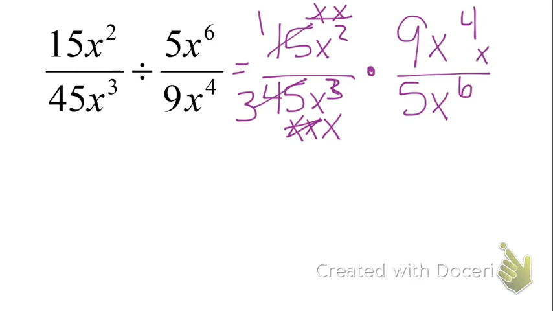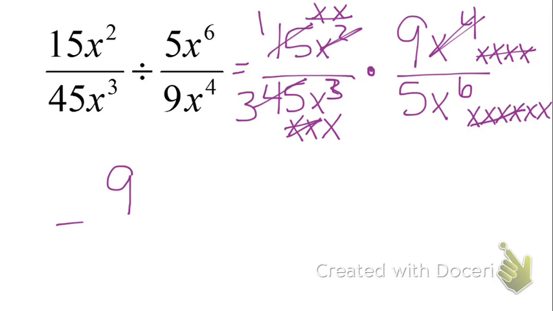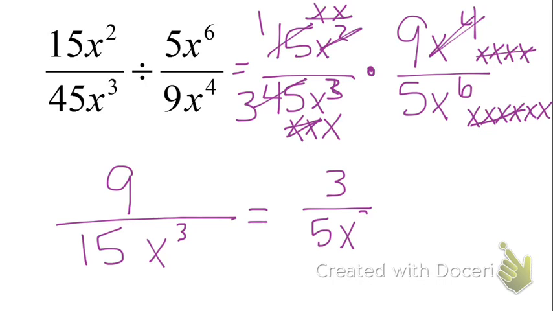Then in my second fraction, I've got 4 x's on the top and 6 on the bottom, so 4 on top can cancel 4 on the bottom. Then I can multiply. 9 times 1 is 9. All of my x's are gone on the top. Then on the bottom, 3 times 5 is 15, and we're left with 3 x's down there, so x cubed. But then we can reduce 9 over 15 to 3 over 5x to the third.